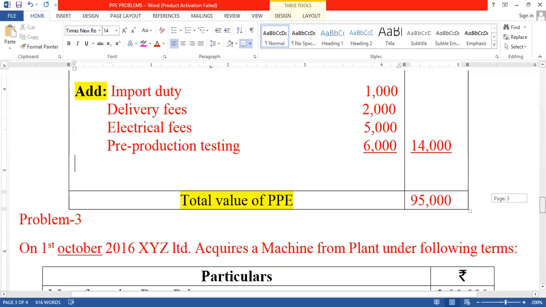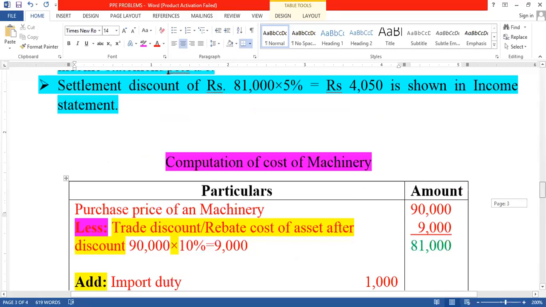This is the answer for the value of property, plant and equipment, or the cost of the asset. Here you should write: total value of property, plant and equipment, or the cost of machine. The cost of machine is 95,000.